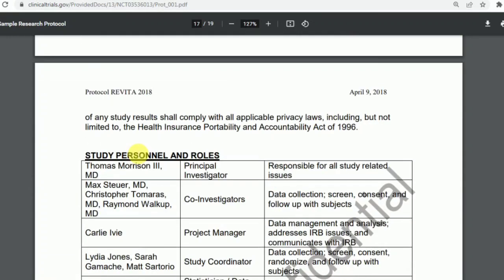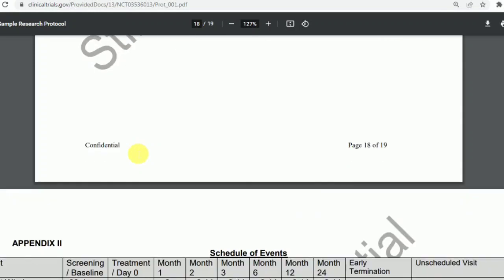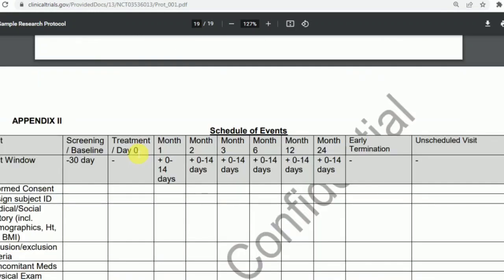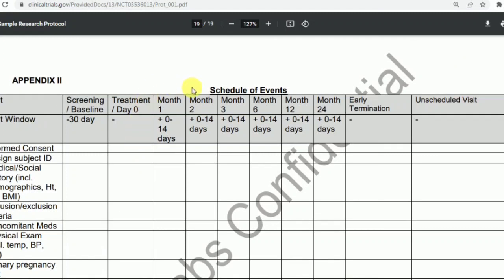Now I will go to the main part of the protocol, where we can see the methods and what are the forms or what are the tests we need to perform for the trial. So it is also known as the schedule of events or schedule of assessment.